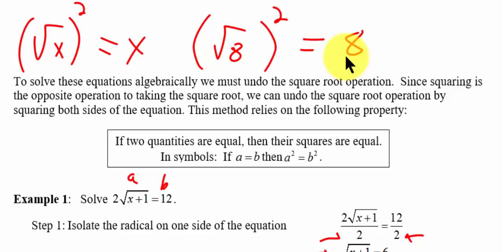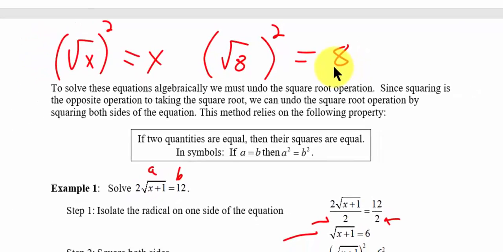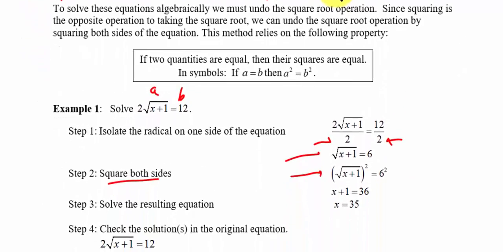So when we square the square root of x plus 1, you're going to be left with simply x plus 1. And on the right side, the square of 6 is 36. We bring the 1 over, and you're left with x equals 35. Now, it is important to check your solution.